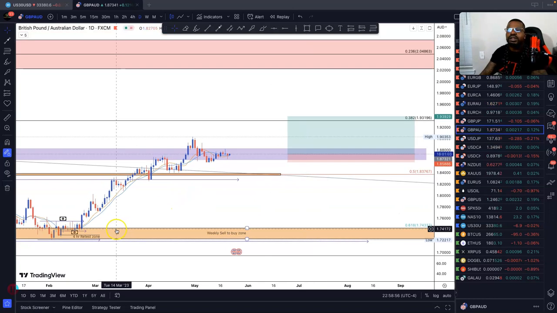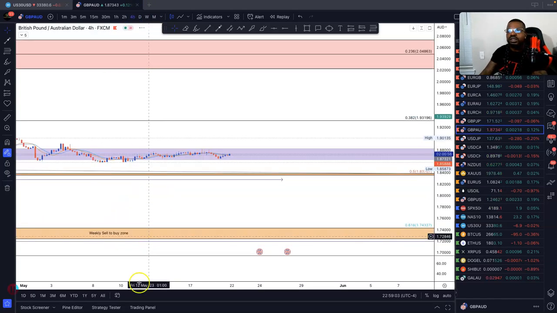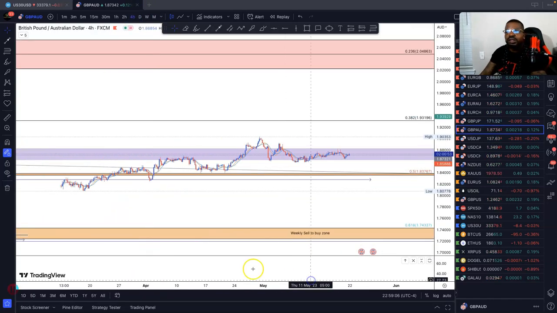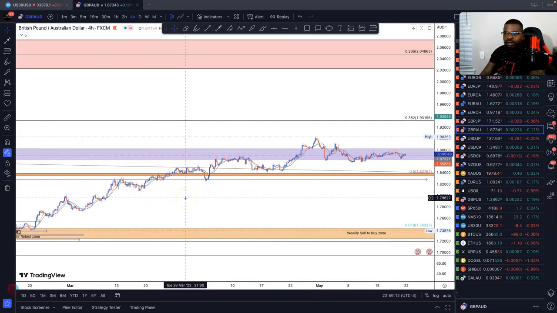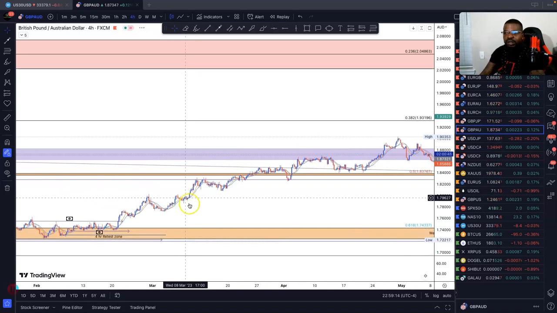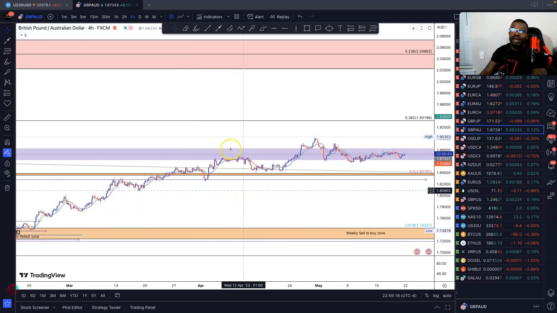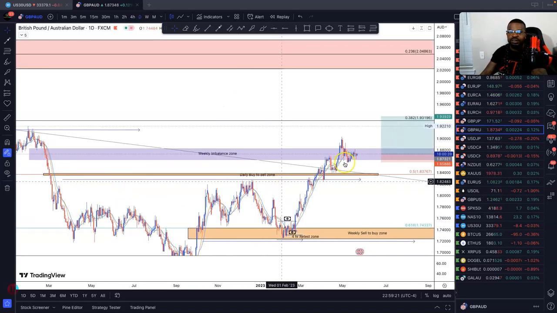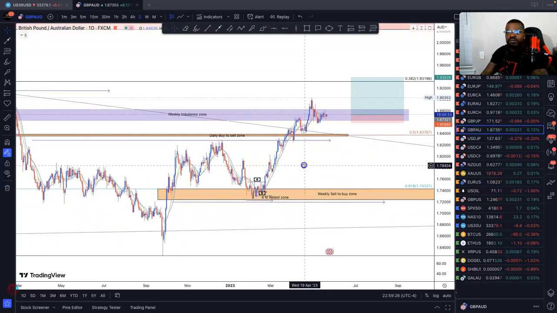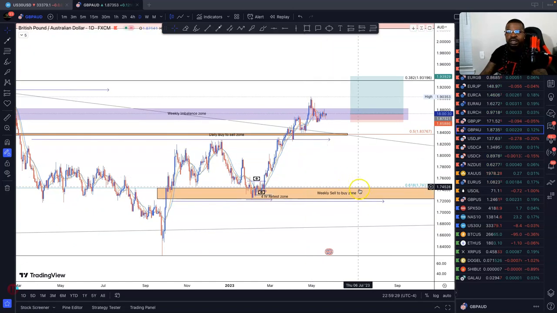Where are we? Okay. So you guys, if price fails to hold at this level, we'll see if price will fall to this 618 level.